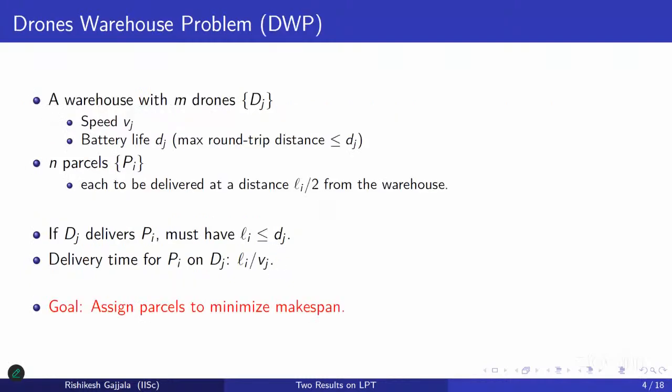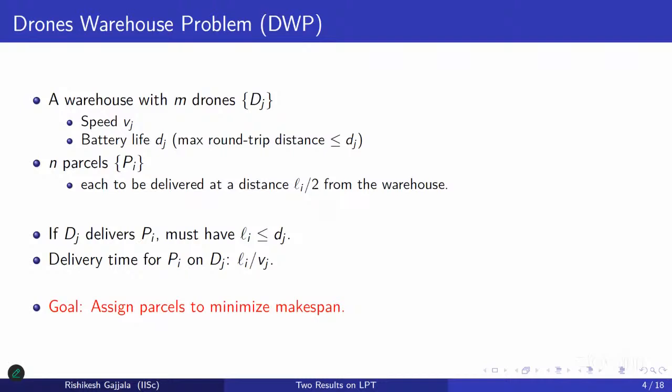Mathematically, roughly the problem is the following. You have a warehouse which has n drones. Let's denote each of them with Dj. And each drone has some speed Vj, and it has a battery life Bj. By battery life, we mean that the drone can do a round trip distance of at least Bj. It can come back to the warehouse and it can be charged.